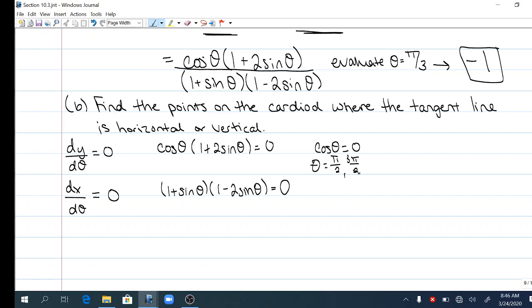And I'm going to stop with just those two solutions because anything else would be an equivalent value of theta. Then with 1 plus 2 sine theta equaling 0, we would have sine theta equals minus 1/2. Sine theta is equal to -1/2 in the third and fourth quadrants at theta equals 7 pi over 6 and 11 pi over 6.